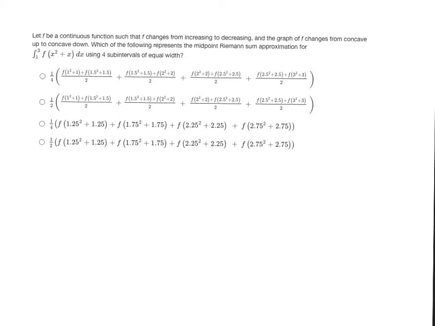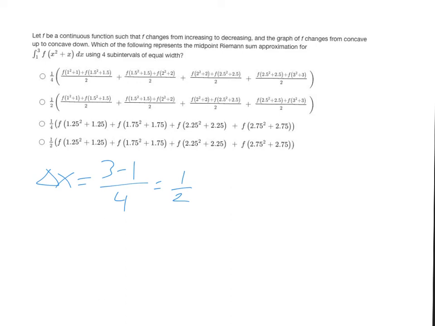In this case, it is some number of subintervals of equal width, and since we're going from 1 to 3, my delta x is 3 minus 1, the whole interval, divided by the number of subintervals that we cut it into. So that's, again, going to be 1/2, just like it was in the other one. It's not always going to be 1/2, just sort of a coincidence that these two both are.